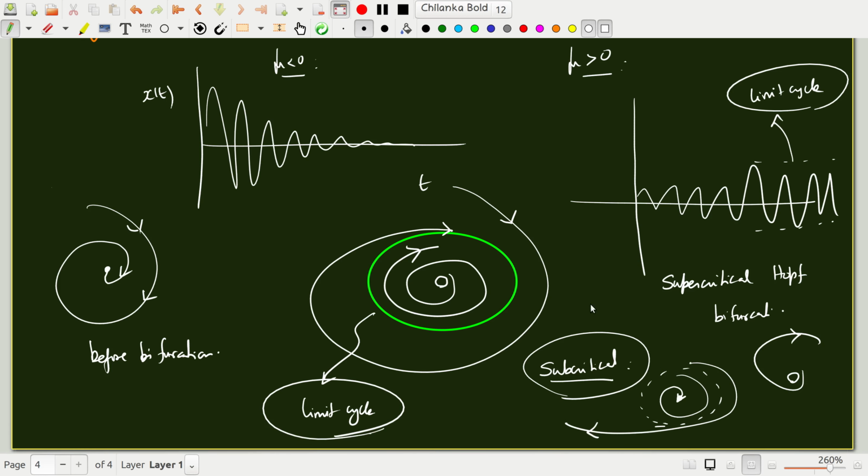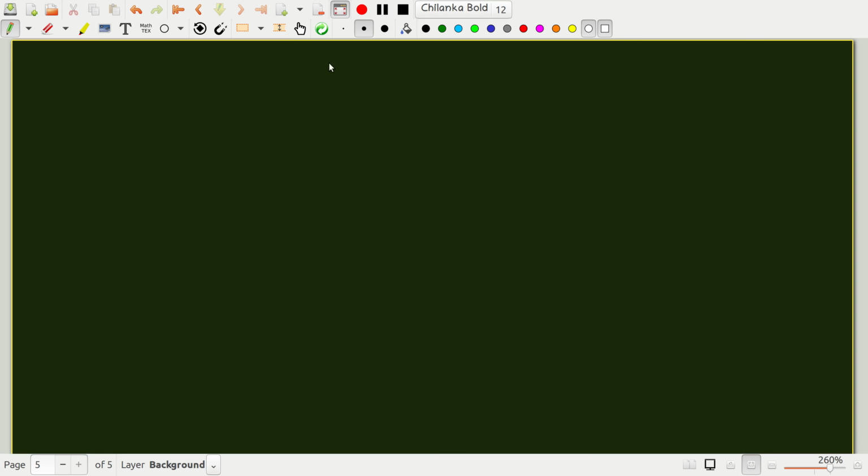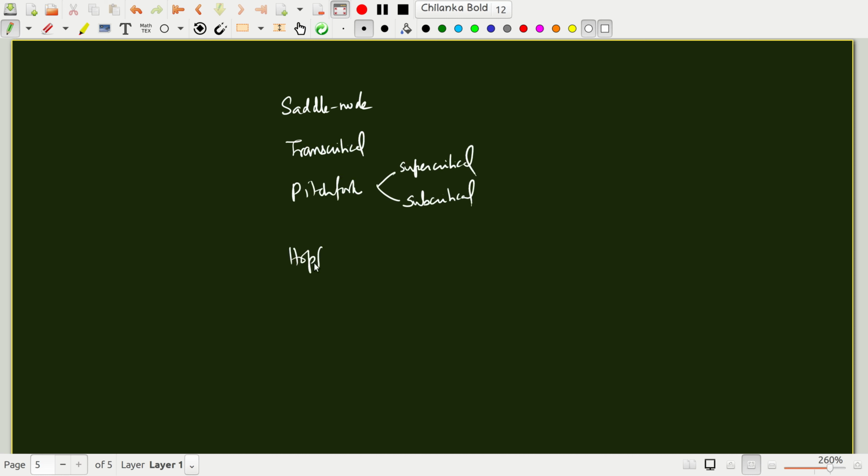Okay, so one last comment that I would like to make is that for the bifurcations that we studied so far, there may be other possibilities also, but these are some of the most commonly seen bifurcations, namely saddle node, transcritical, pitchfork, supercritical and subcritical, and then Hopf, again supercritical and subcritical.